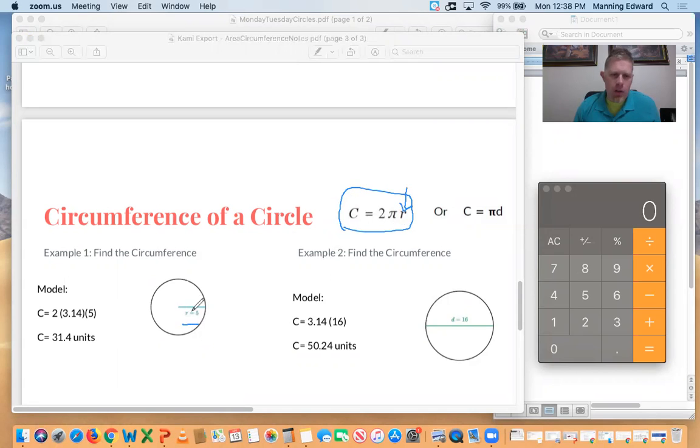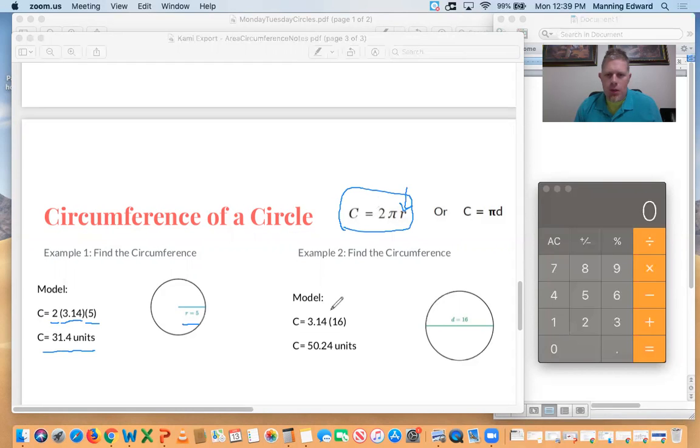So we got 5 is the radius, and then we're going to do 3.14, which is right here, and I got the 5, and then I'm going to times it by 2. If you do that in a calculator, you will get 31.4 units. Now there is no square on circumference. It's just units or inches or meters, whatever it is that you're using. You don't got to use square or cube units. So that is for that one.